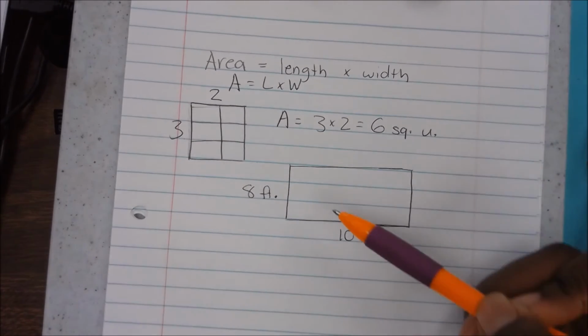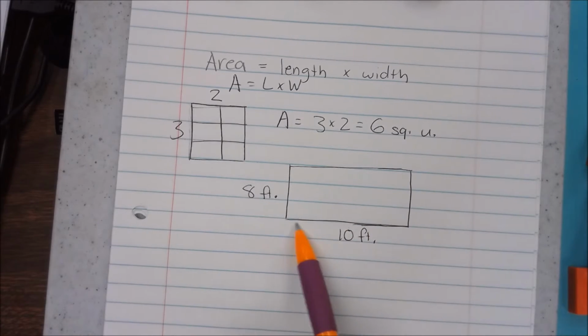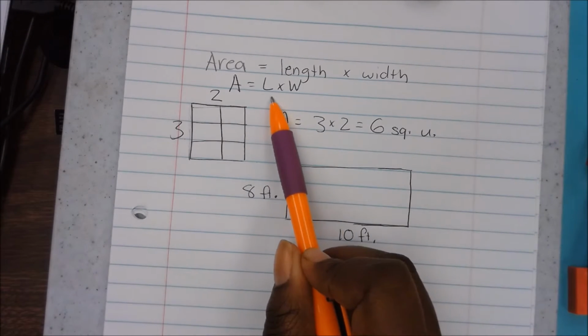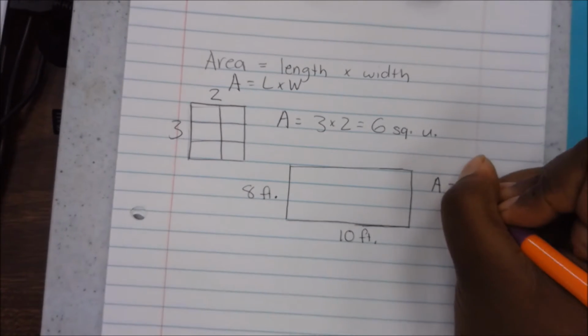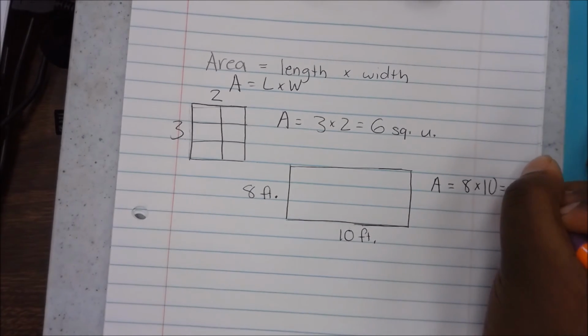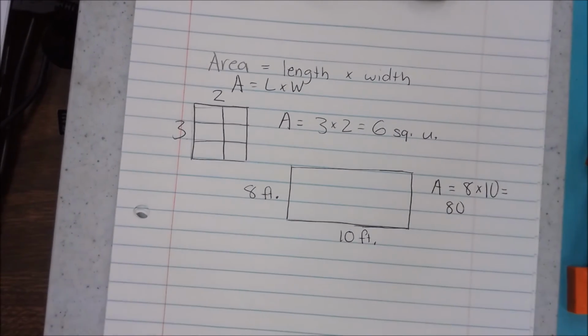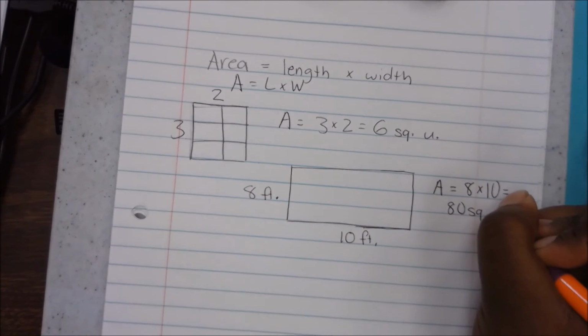So when I look at this shape, I have a length and a width, and that's what area is, length times width. In this case, I would say A equals 8 times 10, and 8 times 10 equals 80. So this rectangle has an area of 80 square feet.